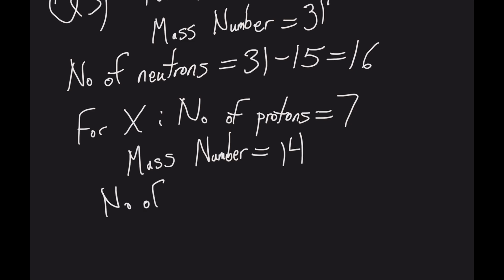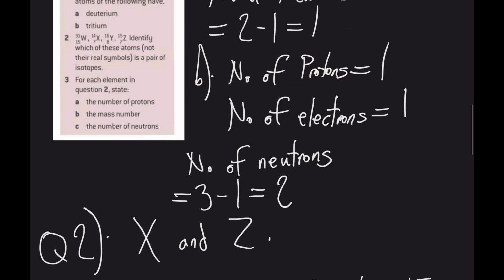And the number of neutrons, like before, is equal to the mass number minus the atomic number, or the number of protons, and the number of neutrons is equal to 7.